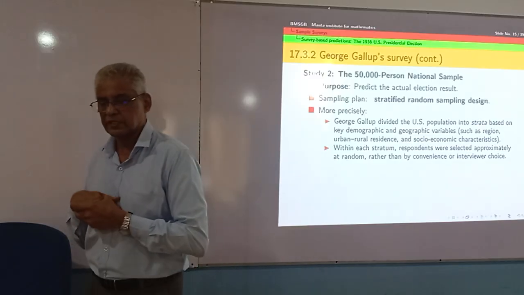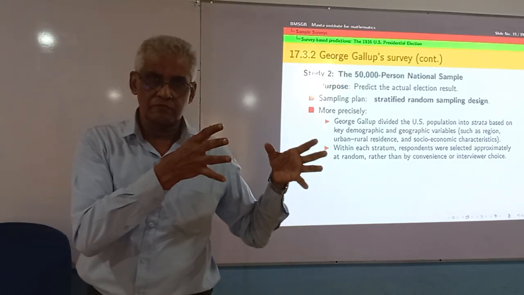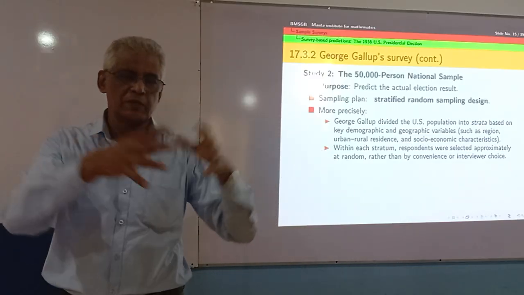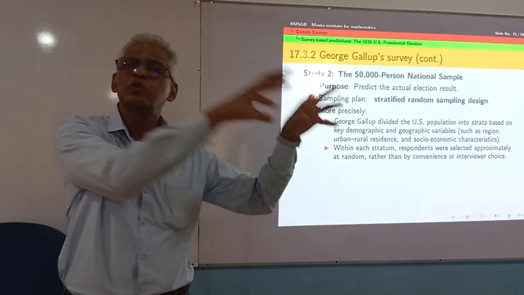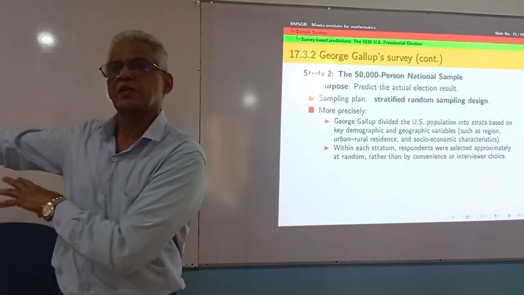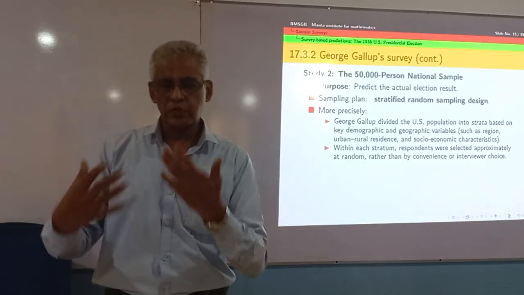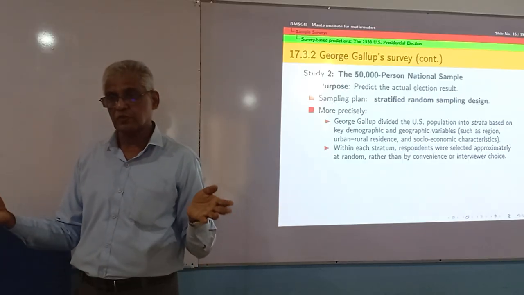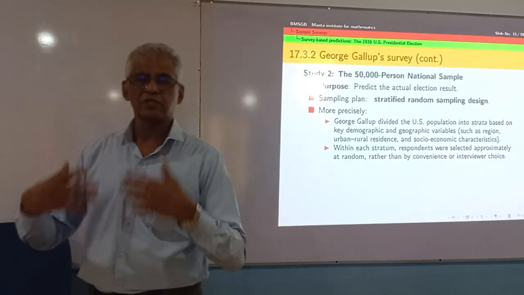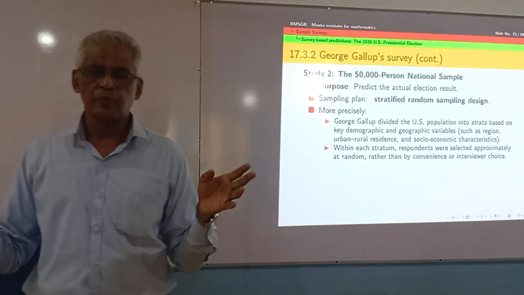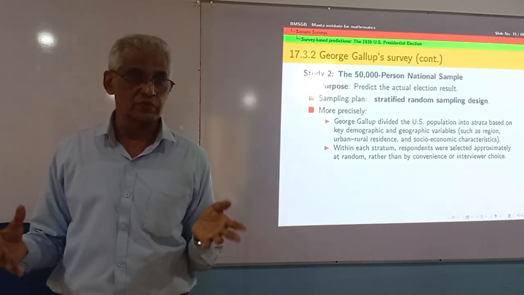Or if you think that certain areas are going to be more for this person, and other areas more for the other people, that means the voting pattern depends on the area also. So if you think that is the case, then you divide the population according to the area also, right?